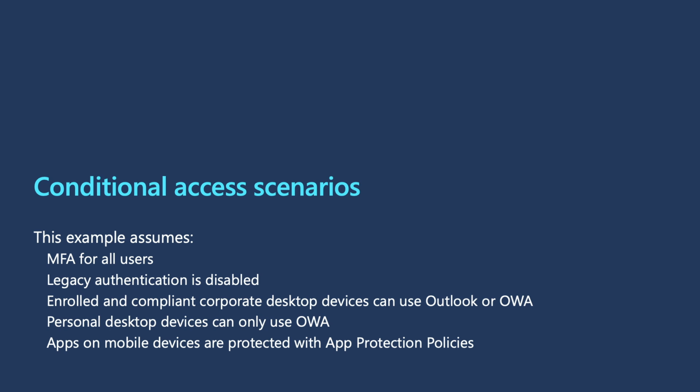You'll need to be able to disable legacy authentication, and you should be enrolling all your corporate devices with a unified endpoint manager like Intune to be able to access email content through the Outlook desktop or Outlook on the web. And finally, you're going to enable support for accessing Outlook on the web from personal devices and utilizing apps with app protection policies to access corporate data.